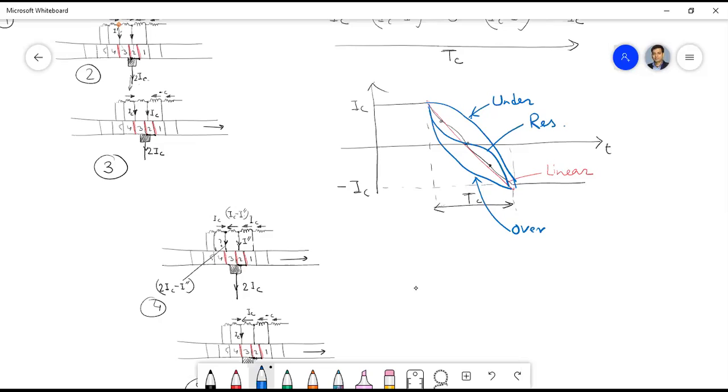And there are different types of EMF that can be induced. EMF can be induced due to simple L di/dt, that is, the self inductance of the coil. Any coil offers a self inductance, so due to that some EMF can be induced, or due to speed EMF. Speed EMF, you know, for a DC machine you also get the speed EMF.